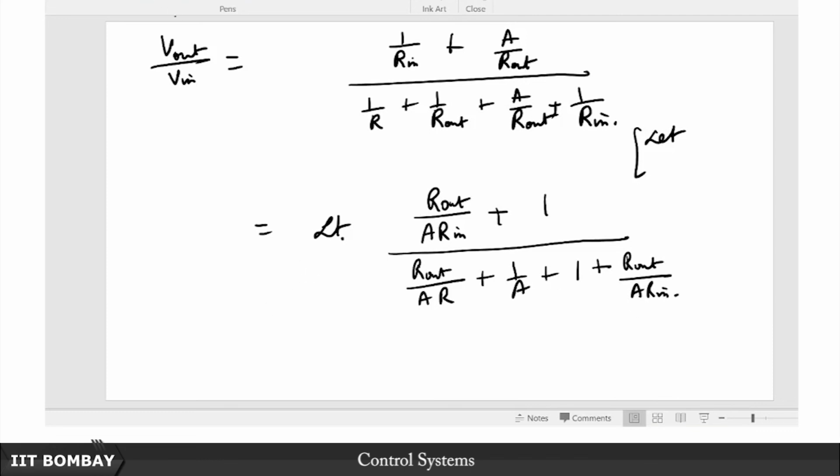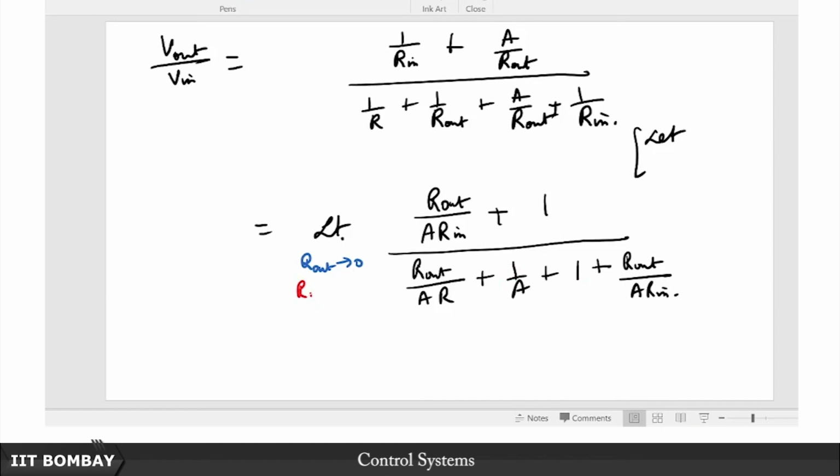What I am saying is, turn by turn, you first let R out tend to 0. At one time only consider one parameter to be idealized, the other two to be non-ideal. So first you consider R out going to 0, and A and R in to be finite. Then this term vanishes and these two terms vanish, so you have 1 by 1 plus 1 by A. The larger you make A, the closer you get to unit gain, with R out equal to 0.